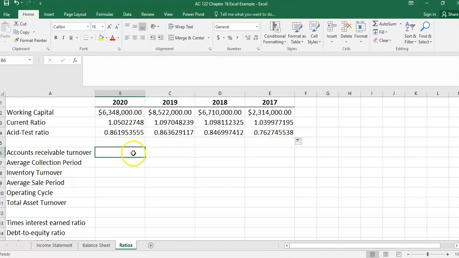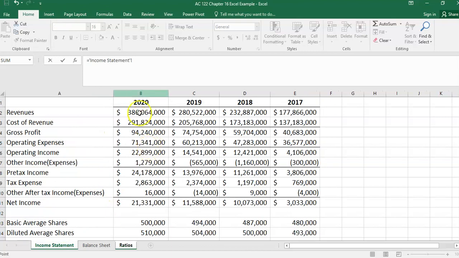Accounts receivable turnover is how many times a company's accounts receivable is turned into cash throughout the year. So that is sales on account divided by average accounts receivable balance. If we don't have the sales on account separated out from sales revenue, then we use sales revenues. So we use total sales revenues from our income statement divided by average accounts receivable.